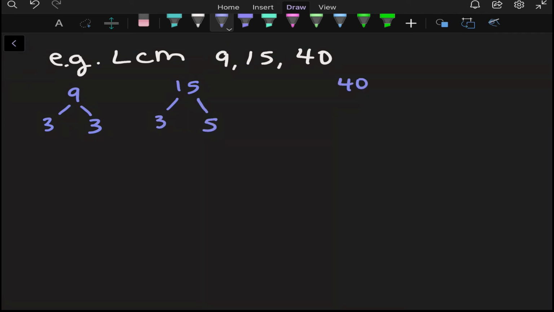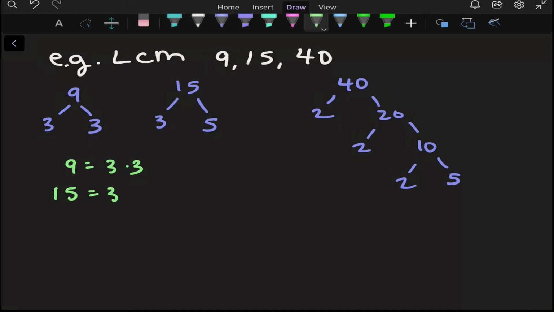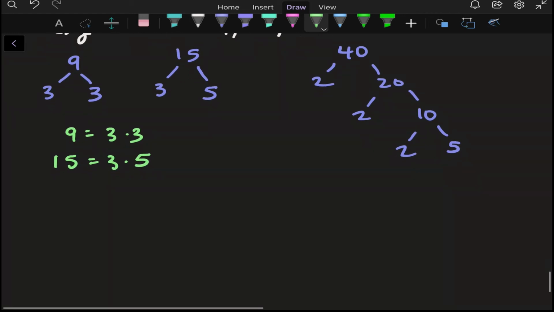And 40, 2, 20, 2, 10, 2, 5, that's it. So if we write them out, 9 is 3 times 3, 15 is 3 times 5, and 40 is 2 times 2 times 2 times 5.